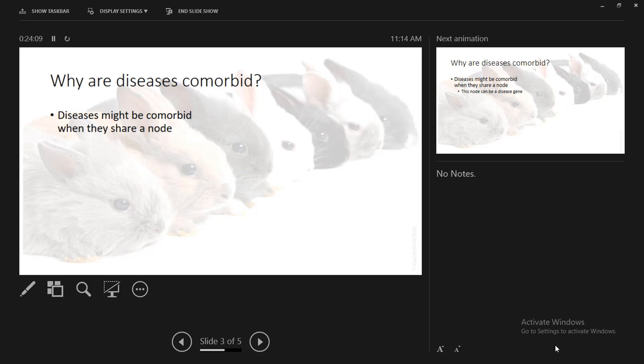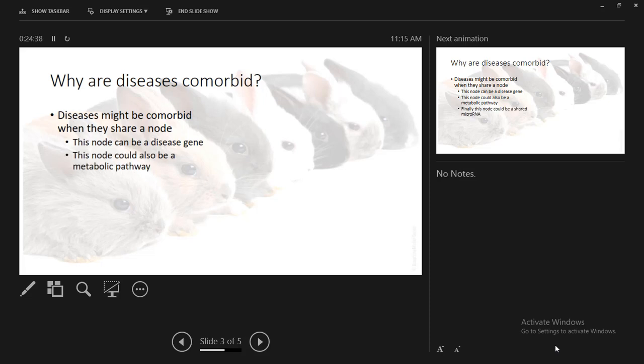They're comorbid because they share some node in the interactome for that phenotype. And that node might be a disease gene. So there might be a gene in there that we know is associated with those diseases, and they might very well be comorbid because they share this same gene. They share the same gene that when mutated alters several different phenotypes.